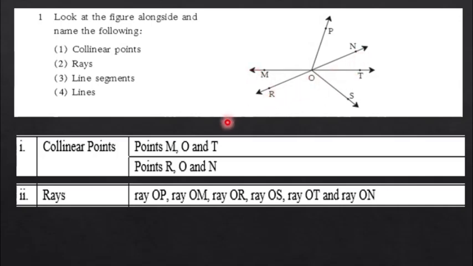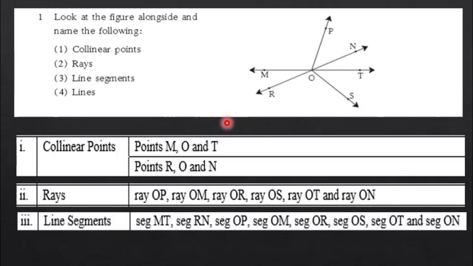Now children, one thing you have to remember when you are writing these line segments, you need to mention the word segment before writing the names. So we can write it as segment MT, segment RN, segment OP, segment OM and so on.